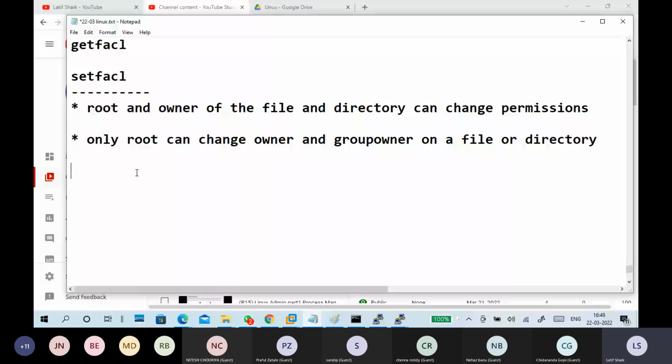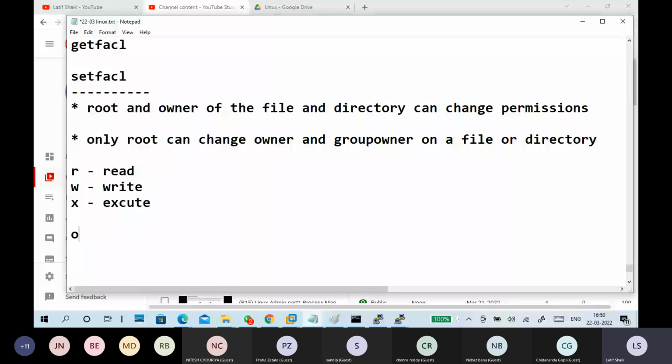In the permissions, you have read permission, write permission, and execute permission. Read is represented by R, write by W, and execute by X. These are the three permissions: read, write, execute.